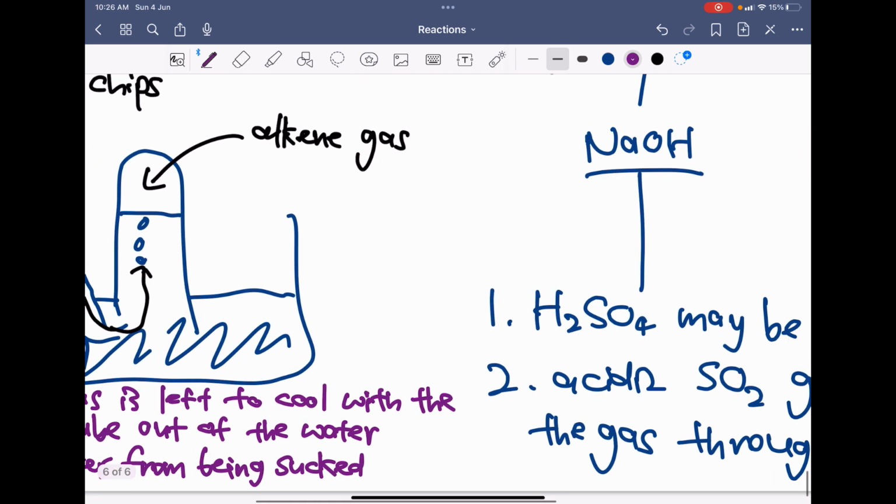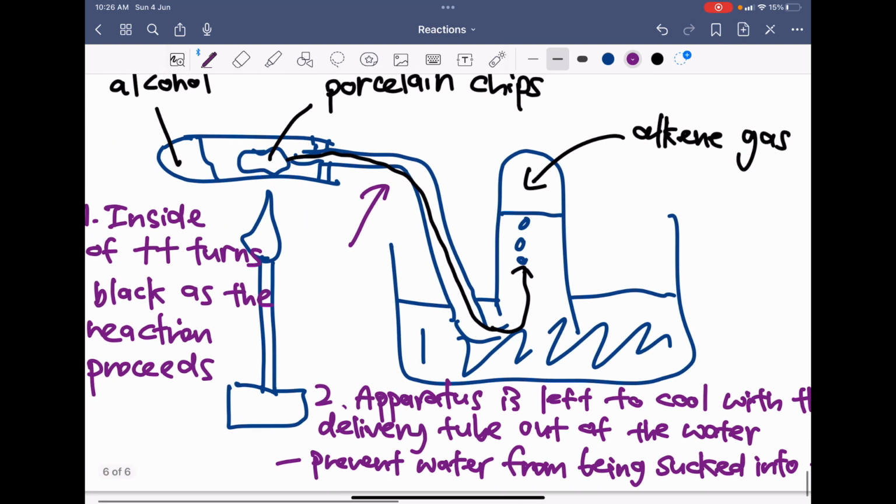So why do you want to prevent this? Because it's important, as if you cool with this delivery tube in the water, as you cool down, this air will contract here. Your air here contracts, and you know how it works, right? And then your water will go back in here, and that's it.